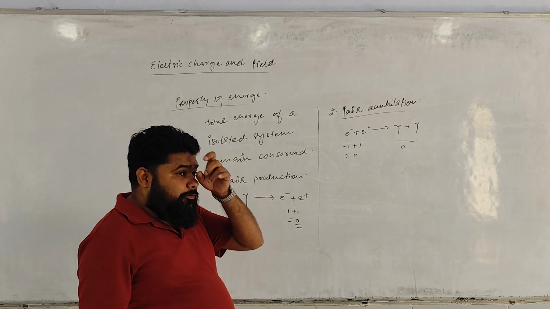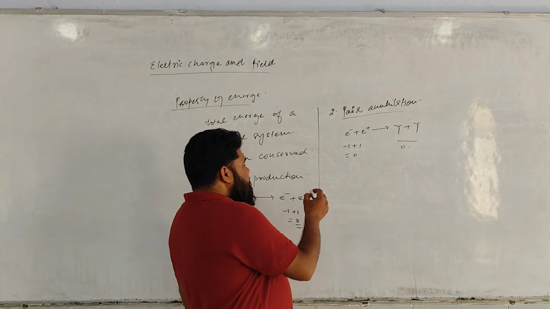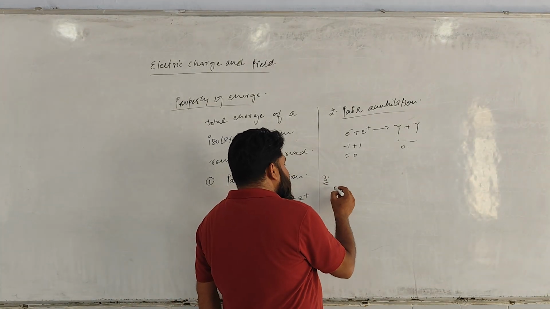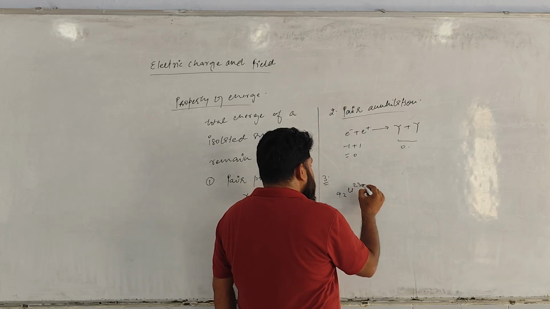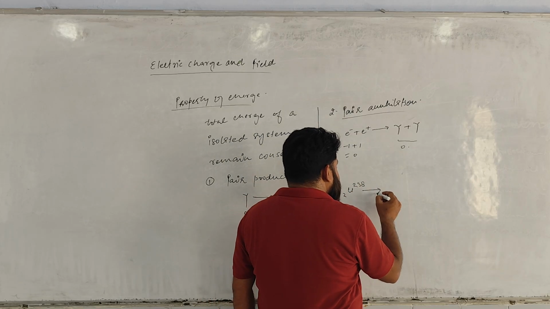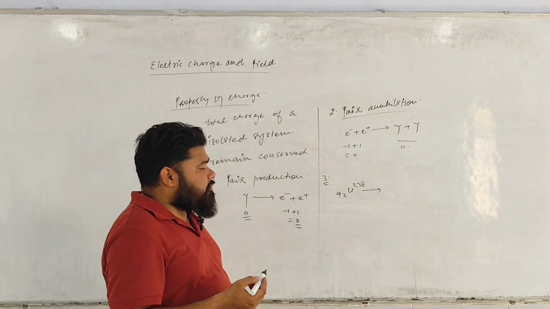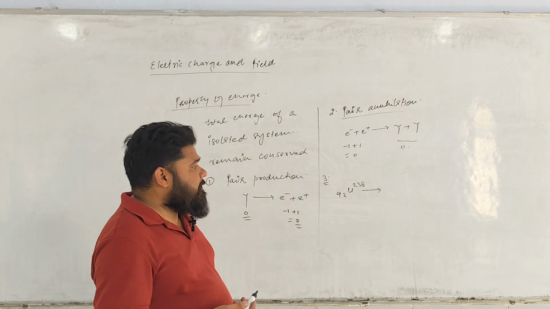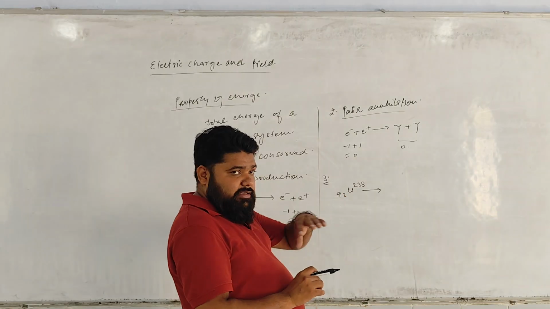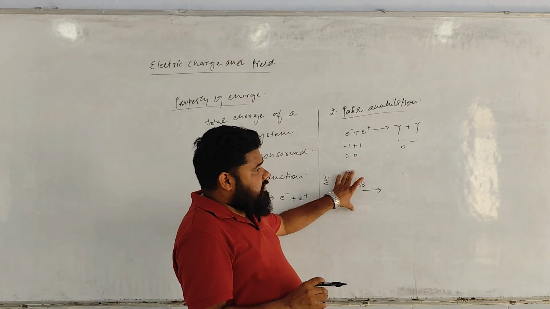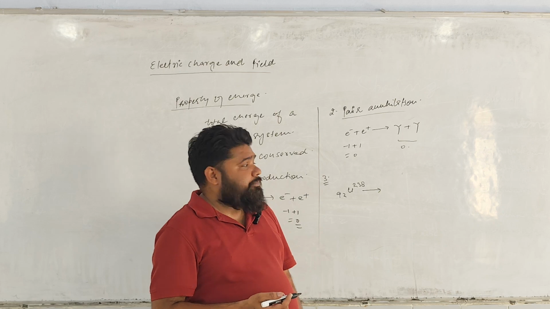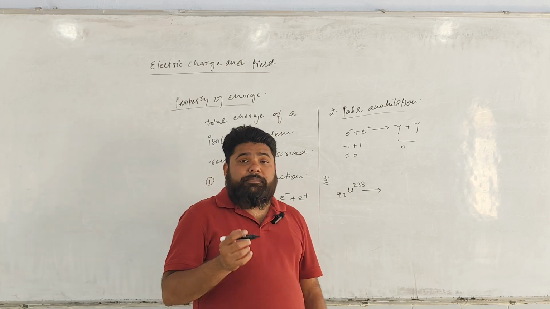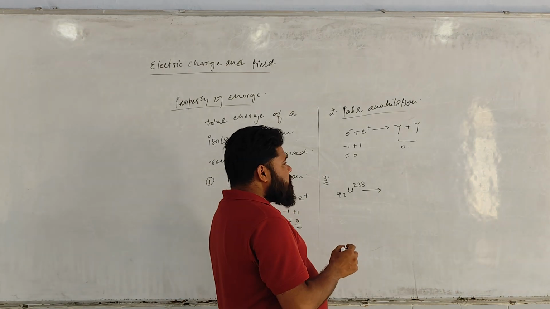And the third example from radioactivity, if we take the example of 92 uranium 238. So uranium 238 starts to disintegrate automatically. So under suitable conditions, when it starts to disintegrate, it always emits the alpha particle, and alpha particle is the isotope of helium.